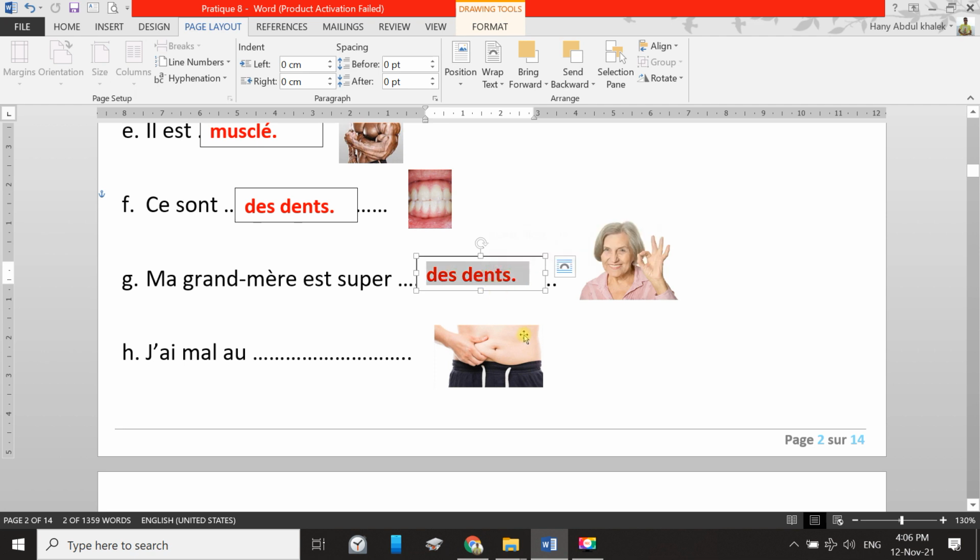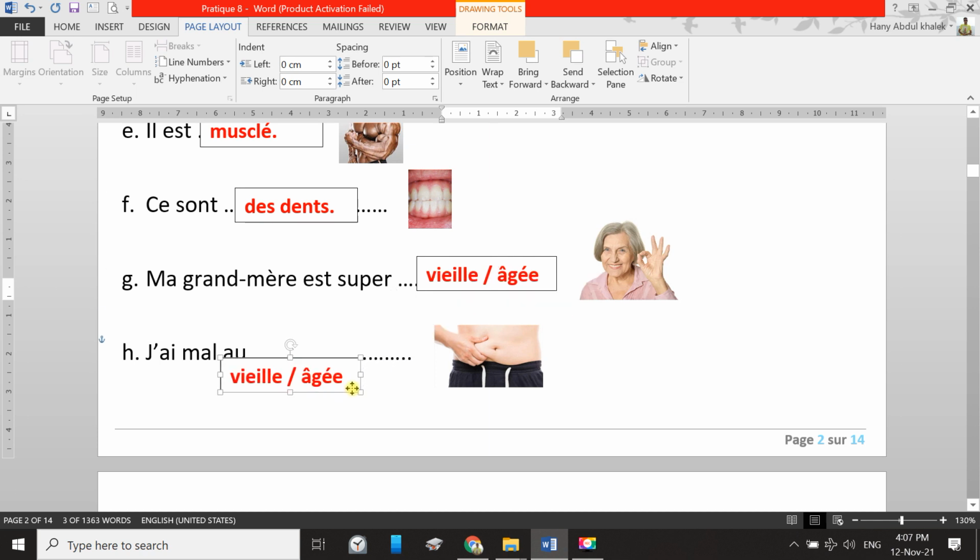Okay, ma grand-mère, my grandmother, est super vieille. You can say vieille, it means old. This is the feminine of vieux, or you can say âgé. Okay, it came from the word age. Here we can say âgé. Okay, elle est très âgée. Here, this person, j'ai mal.